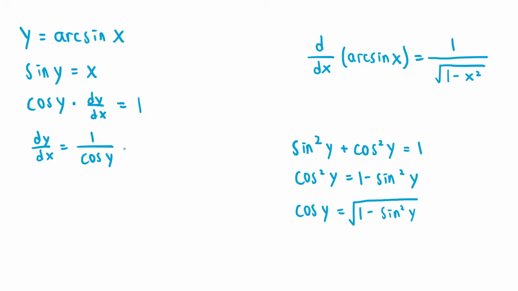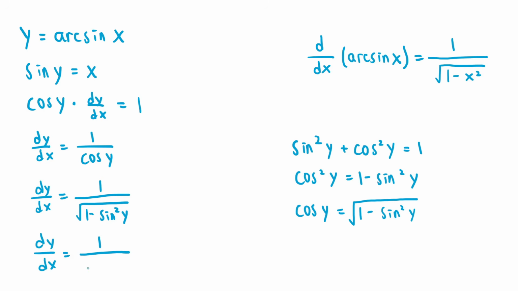Alright, so if we replace cosine of y with the square root of 1 minus sine squared of y using the identity, we have the equation dy by dx equals 1 over the square root of 1 minus sine squared of y. Since sine of y is equal to x, which we worked out by taking the sine of both sides of the equation y equals arcsine of x, we can rewrite 1 over the square root of 1 minus sine squared of y as 1 over the square root of 1 minus x squared.